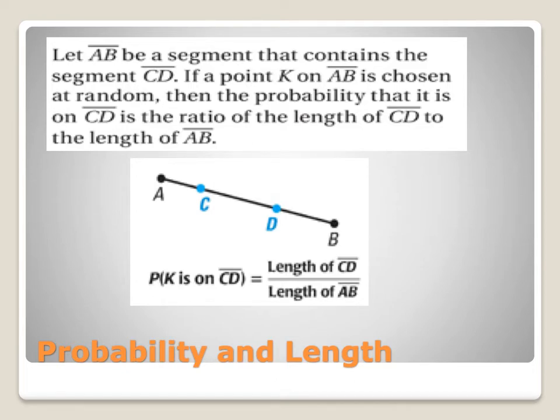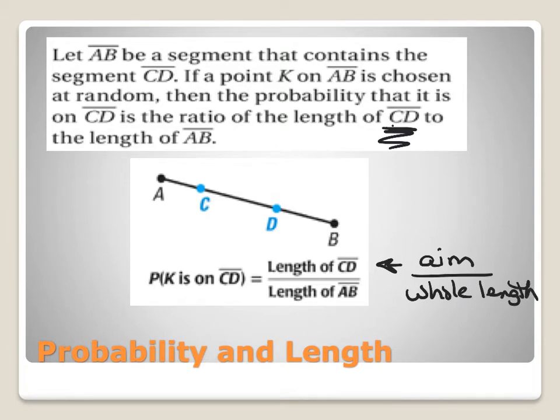So all this means is the top of the fraction is where we were trying to figure out if the point is going to lie, and we were trying to find out if it was on CD, so this is what we're aiming for, over the whole length of the line segment. So we were aiming for CD to see if point K was on there, over the total line segment.